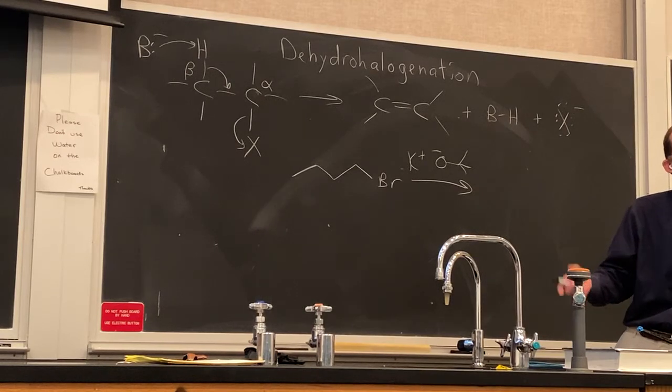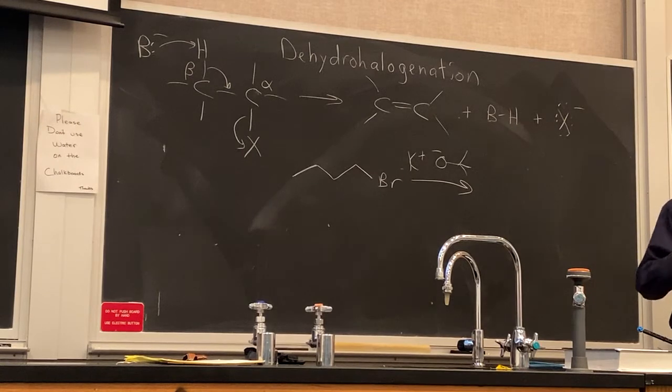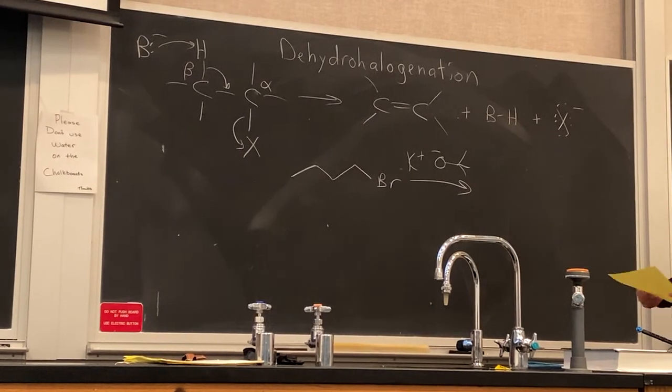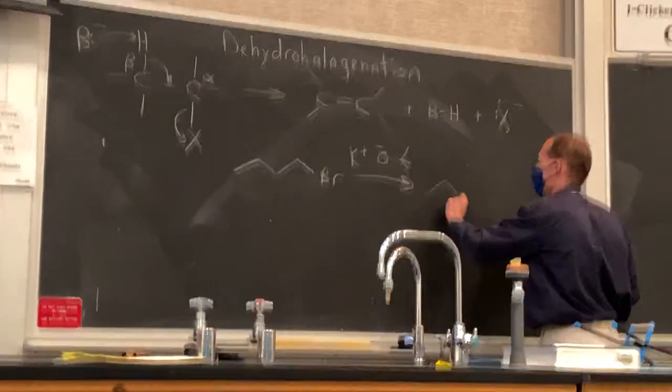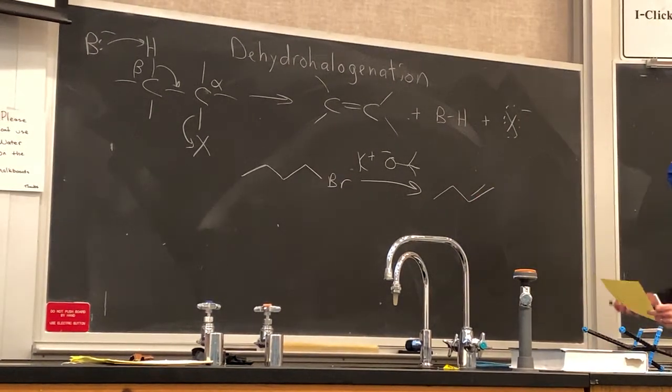So if we want to perform an elimination instead of a substitution, then tert-butoxide is the one to use because the substitutions don't occur since it is bulky. Okay, so tert-butoxide would perform a dehydrohalogenation of a primary alkyl halide.